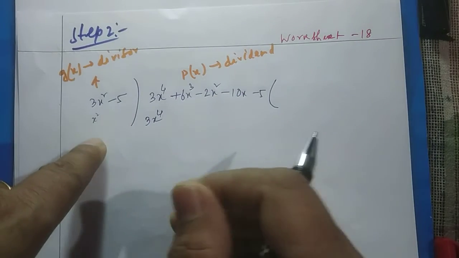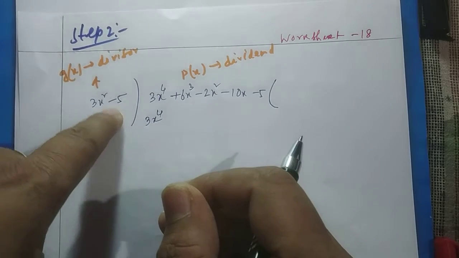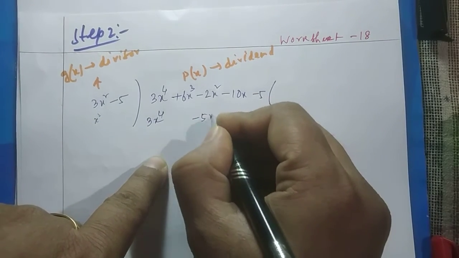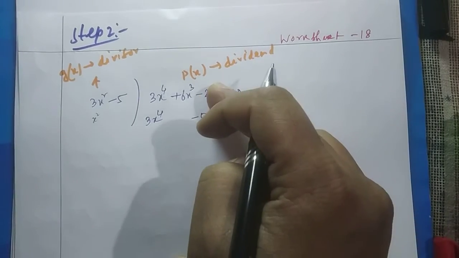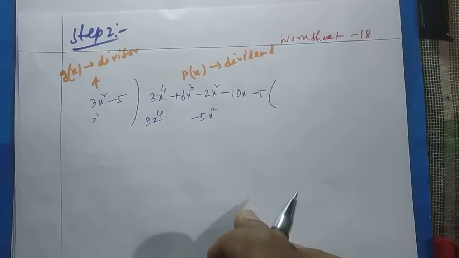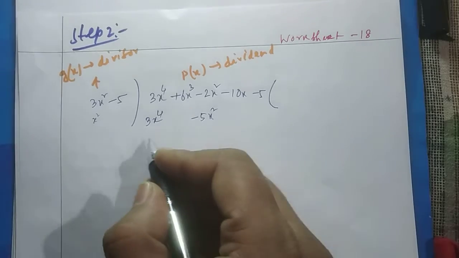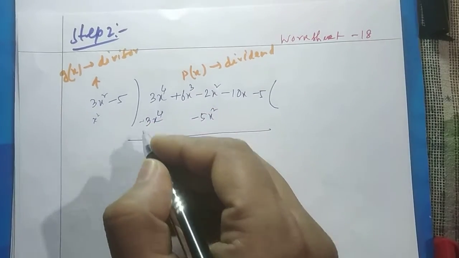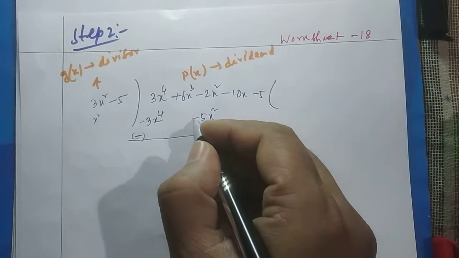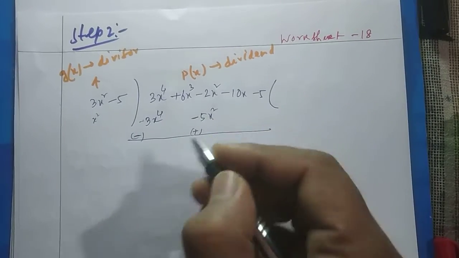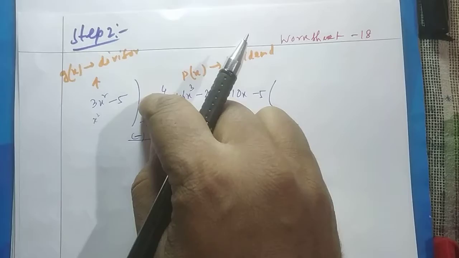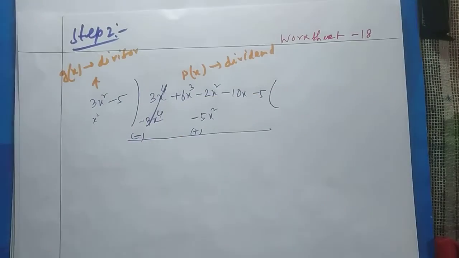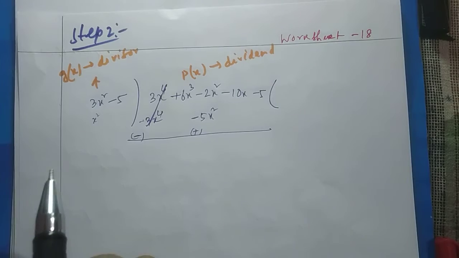Correct? Similarly, x square into minus 5 will become minus 5x square. It will sit below the same term. Okay? Now let us do minus. It was plus, so it will become minus. It is minus, it will become plus. So both terms are the same with plus and minus, so it will be cancelled. Correct?